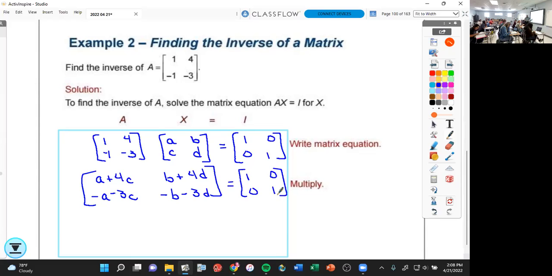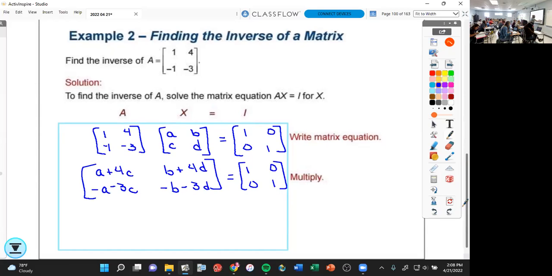Okay. This column is equal to this column. First column goes with first column, which means I can actually convert this into a system of equations now. So A plus 4C is equal to 1. Negative A minus 3C is equal to 0.